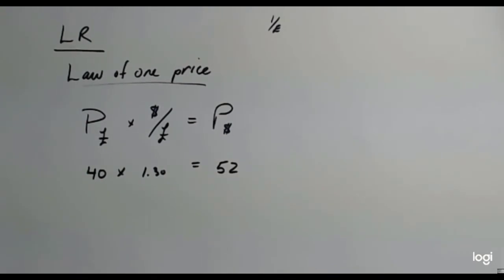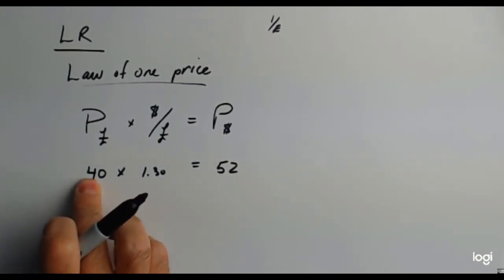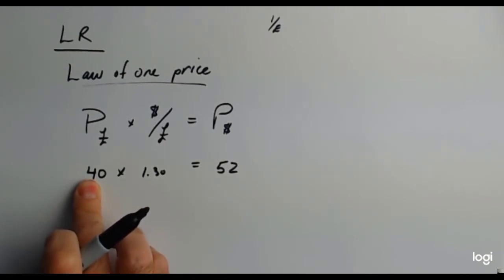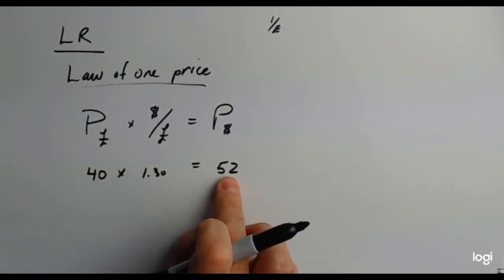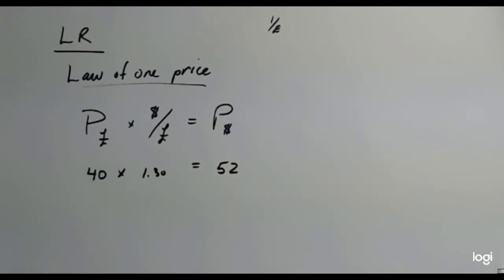So what we're saying is, look, if there's polo shirts running for £40 per shirt in England, they should cost $52 in this country, provided we can exchange them back and forth and trade them back and forth without restrictions. And they're identical shirts.